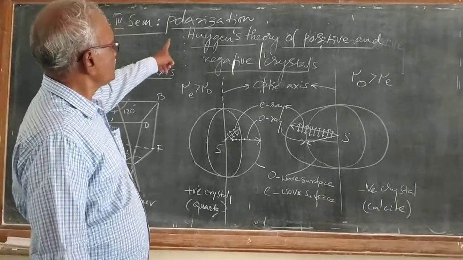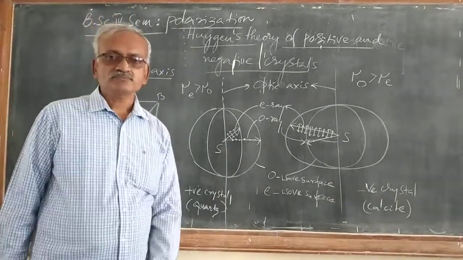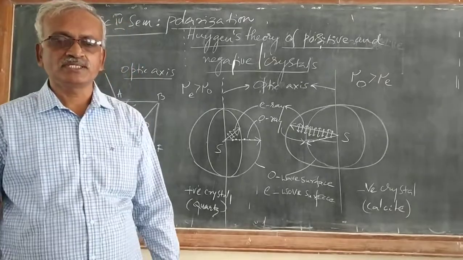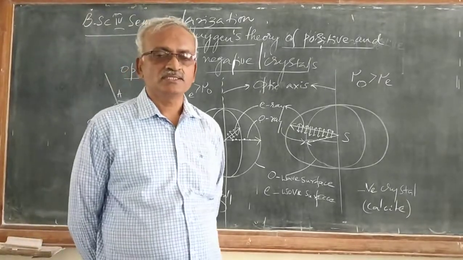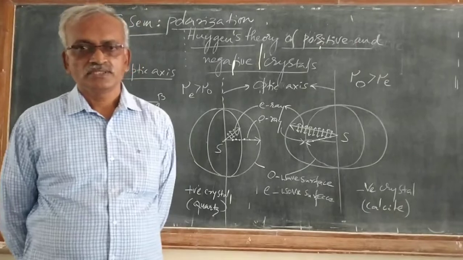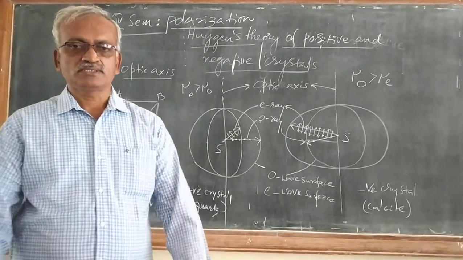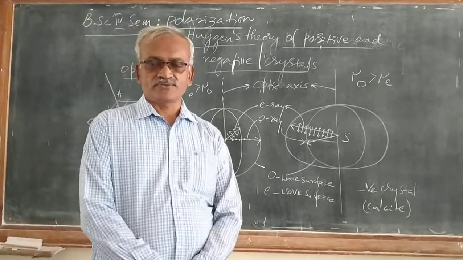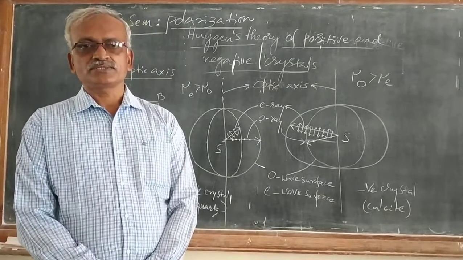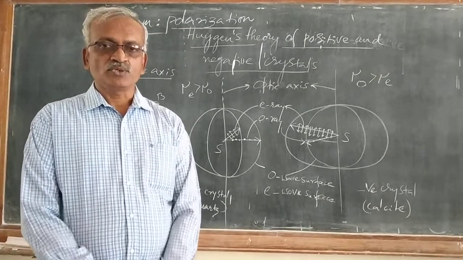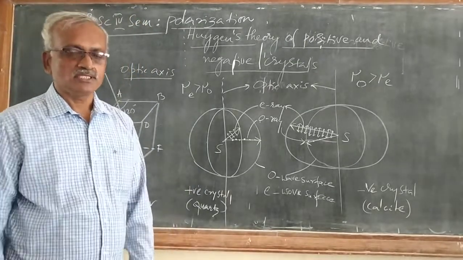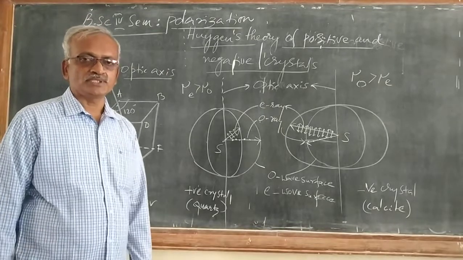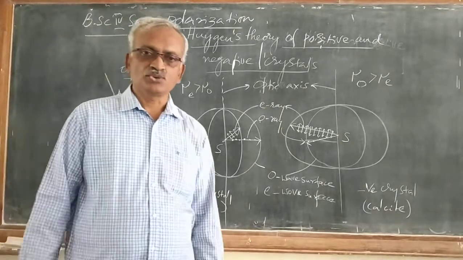So first let me explain the difference between interference, diffraction and polarization. They have their own definitions. In the case of interference and diffraction, we cannot notice whether the wave is transverse or longitudinal.